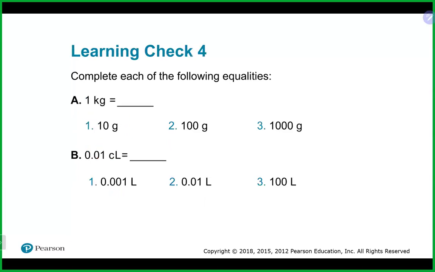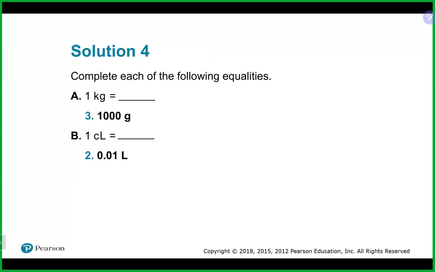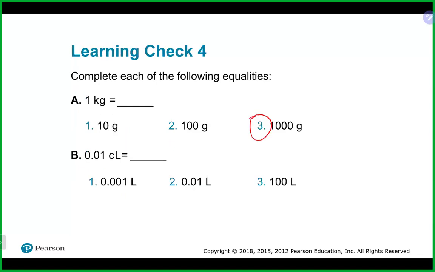All right, complete each of these. 1 kilogram is 1,000 grams. Sounds good. And 0.01 centiliters would be 0.01 liters, right?